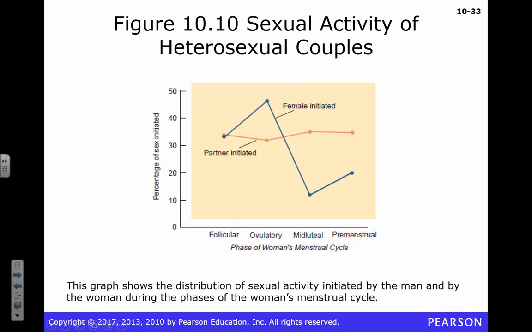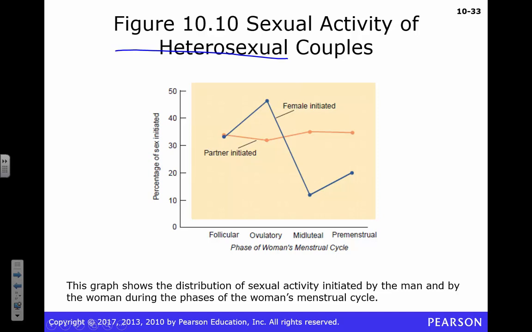This is kind of an interesting graph. This was a study that was done in heterosexual couples, with males and females, and what they were trying to see is if females initiated sexual activities at a different rate during different times of their menstrual cycle, right?